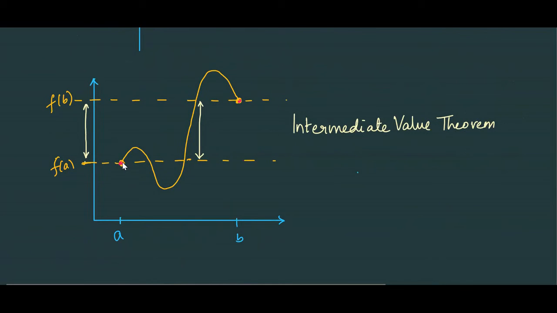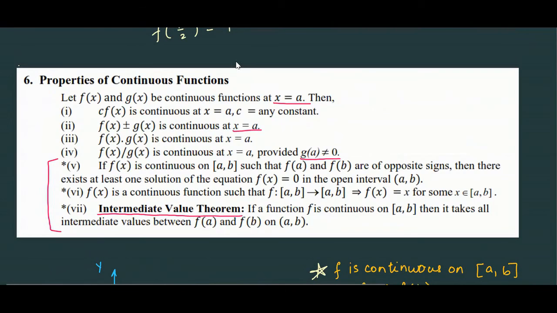If f of a and f of b are of opposite signs, then the function value equal to 0 will be one of the intermediate values. Okay, that is about the intermediate value theorem. So these are properties, very useful and important.